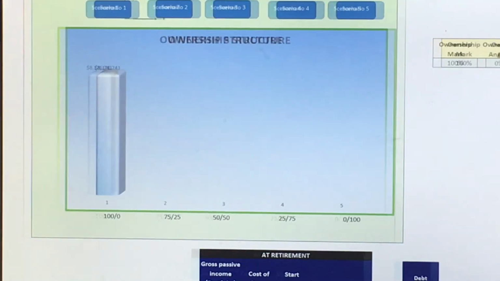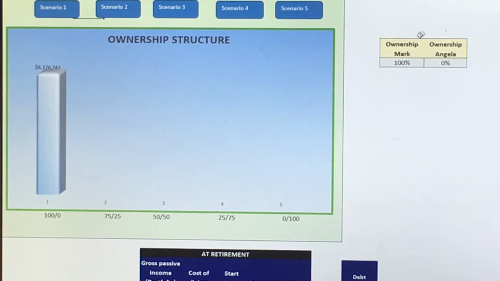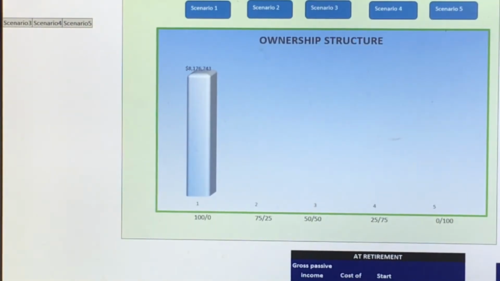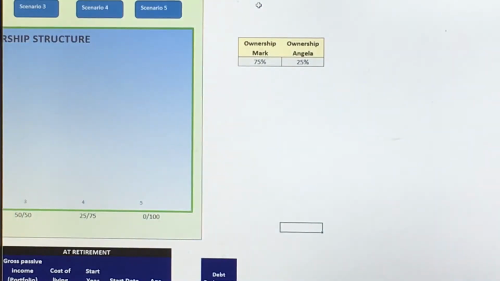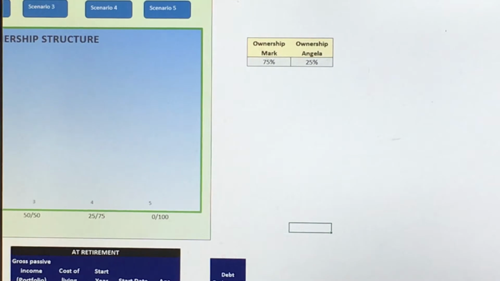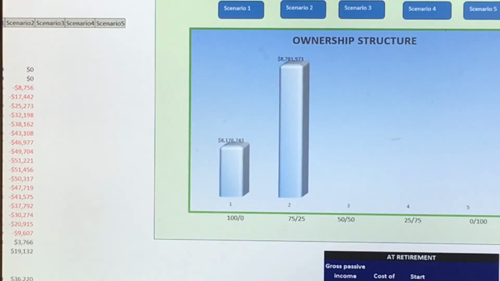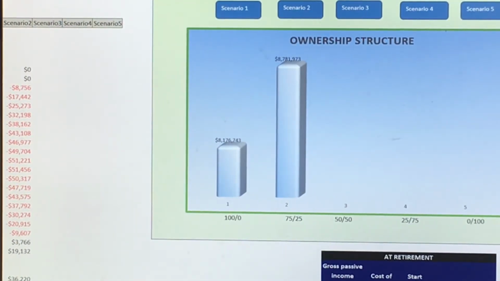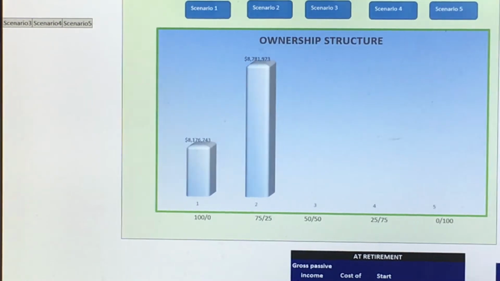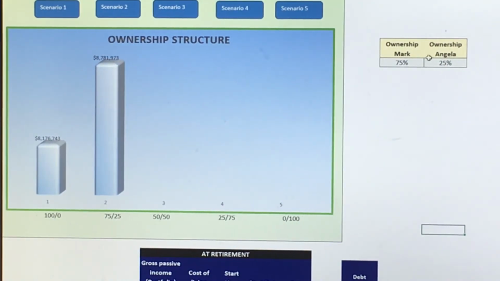Run the next one. Okay, it's given us a different result. 8.7 million, 8.1 million. So we're already in a better situation.